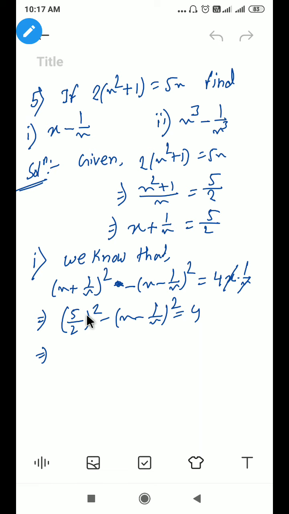If you calculate this, you get 25/4, and (x - 1/x)² = 4.